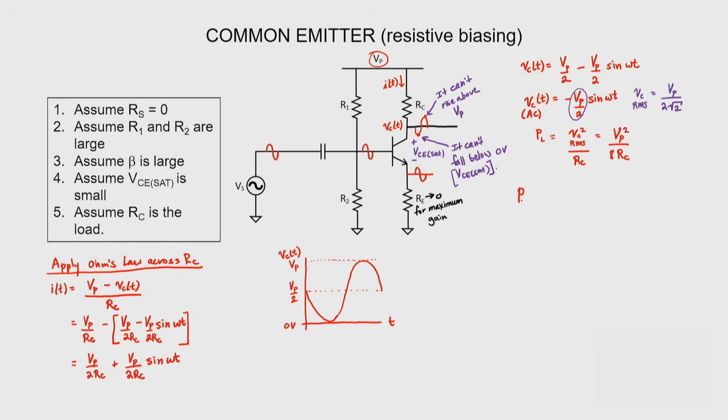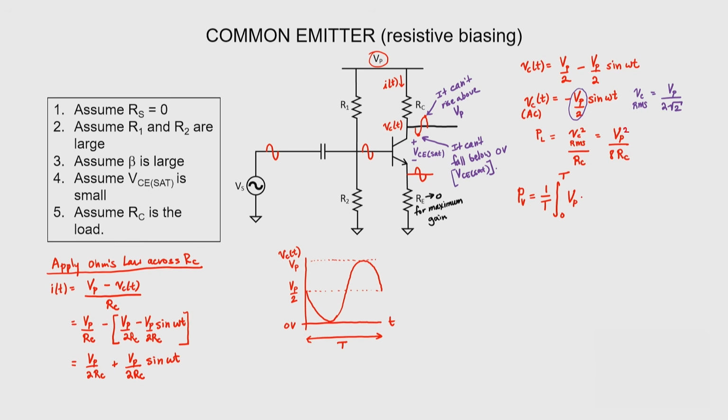To find the power delivered by the DC voltage source, we need to find the time averaged power. So let's integrate over one period, where this is one period, and we'll use the expressions for the voltage and current. The voltage coming out of this power supply is constant.